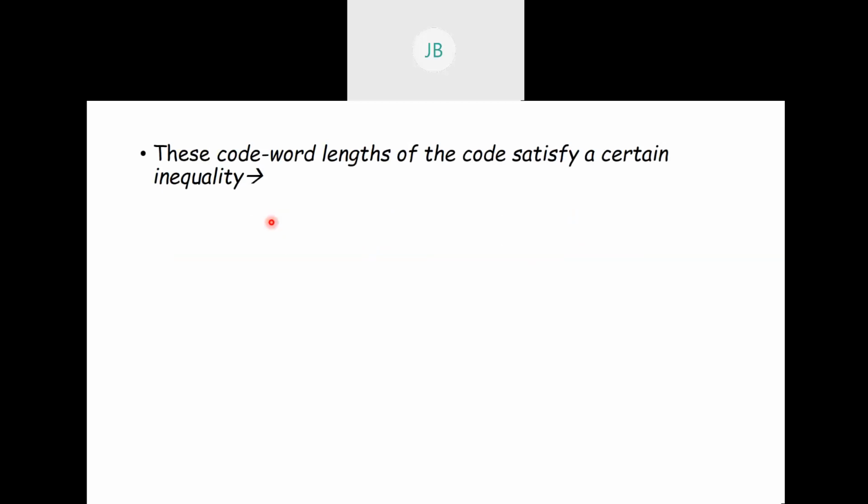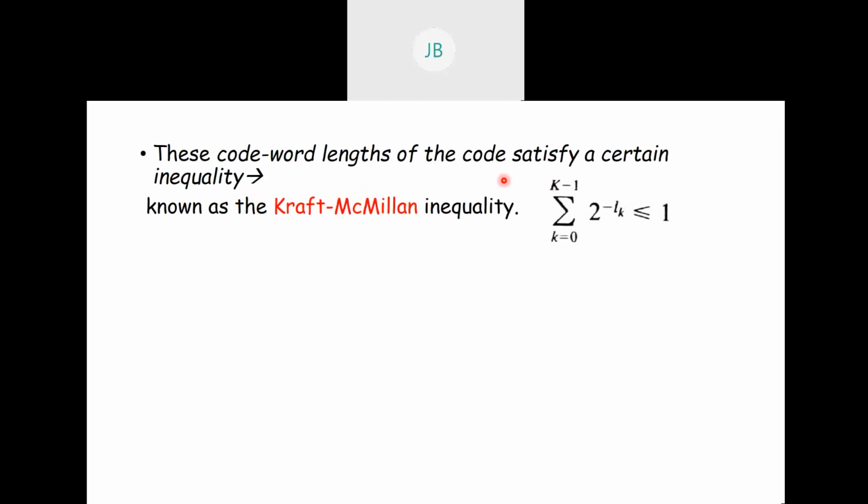Okay, now you will see some of the statistics regarding the properties of these prefix codes. The code word lengths of the code satisfy a certain inequality. This is the important condition here. These code words, what we represent as prefix, should satisfy this Kraft-Macmillan inequality. What is that? Here K represents the different symbols.